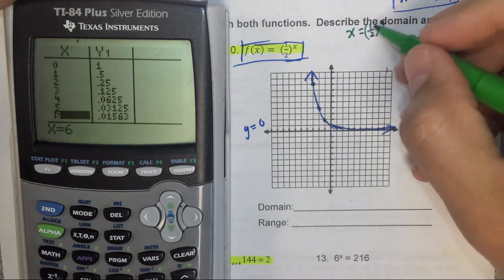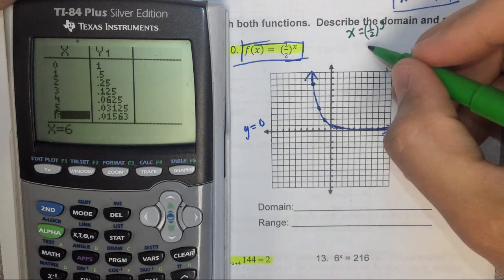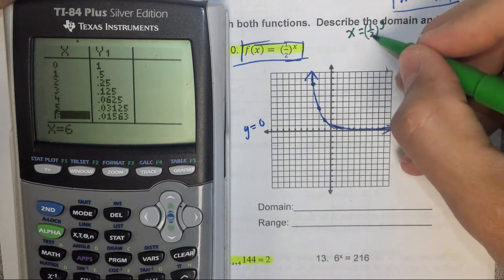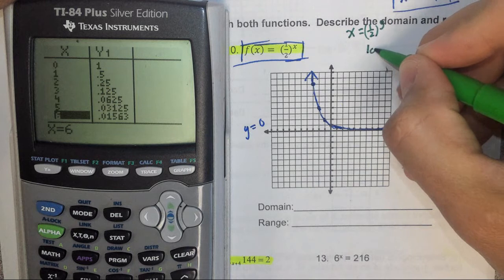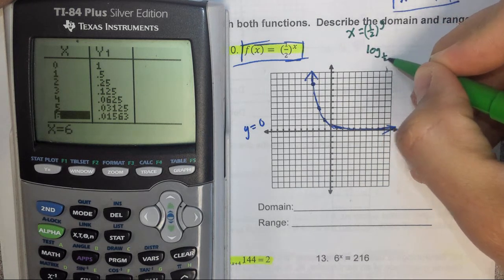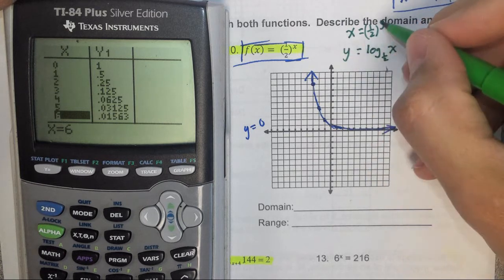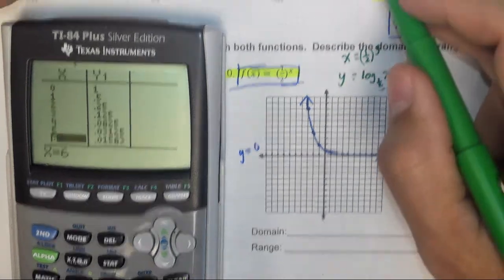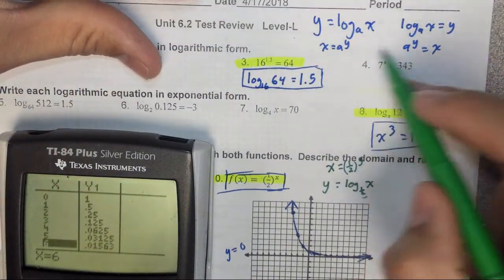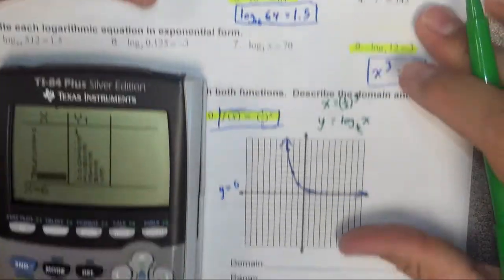Here is my side of the exponent. My base is 1/2, so this is going to be log base 1/2 of x is equal to y once we switch everything out and use these rules right here, or this guide.